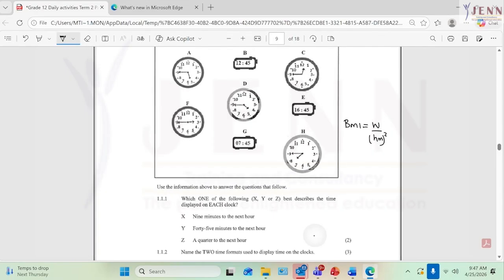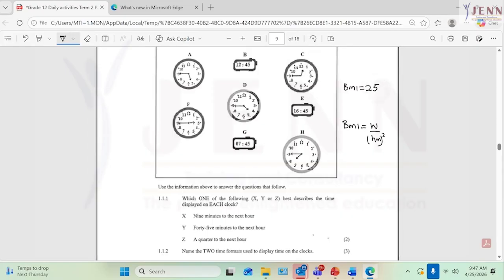The BMI is given as 25.1, and the height is also given as 175 centimeters. Like we said, the height is measured in meters.